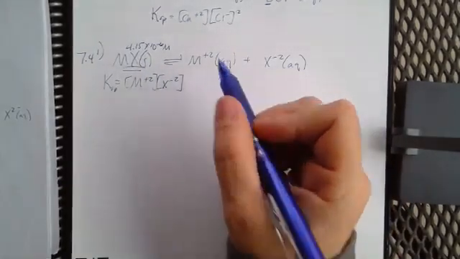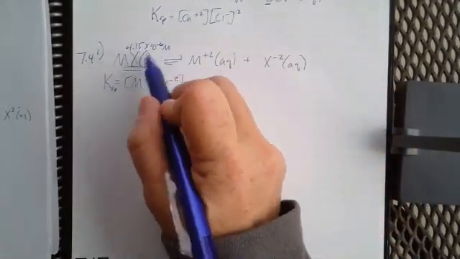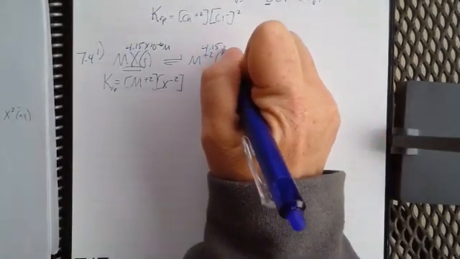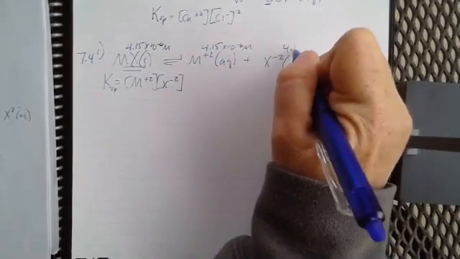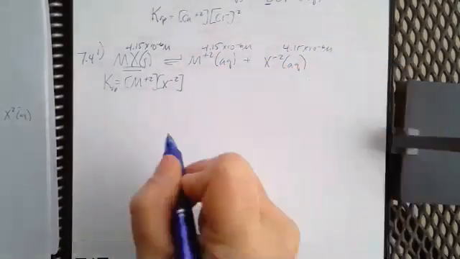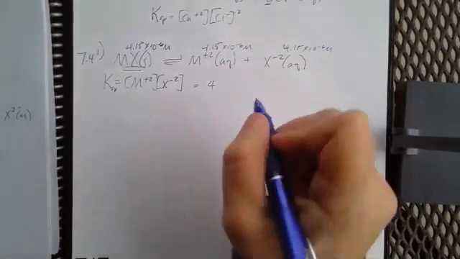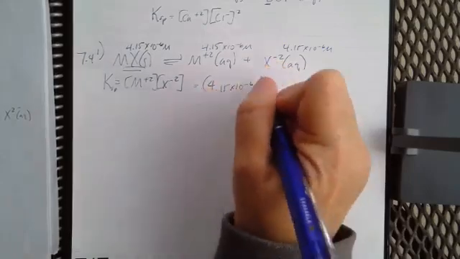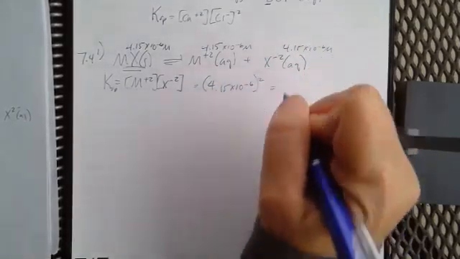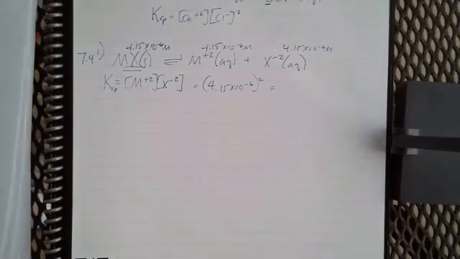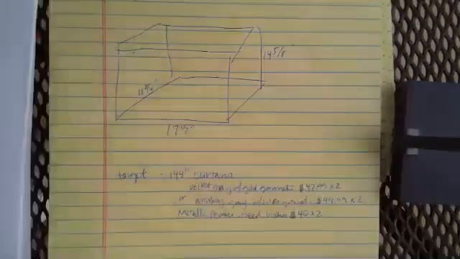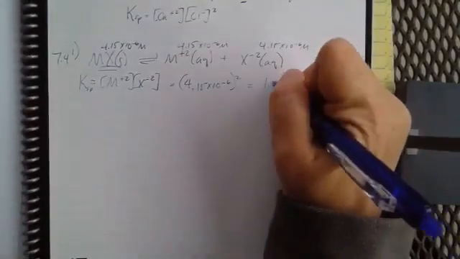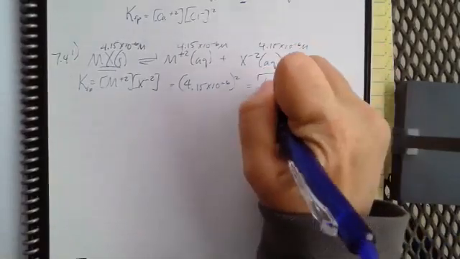But let's find out how small it's going to be. However much of this dissolves, that's how much of each one of the ions we're forming. 4.15 times 10 to the minus 6 molar, 4.15 times 10 to the minus 6 molar. So just put that into your K expression. 4.15 times 10 to the minus 6 times itself, that amount squared, and where's my calculator? 1.72 times 10 to the minus 11th.